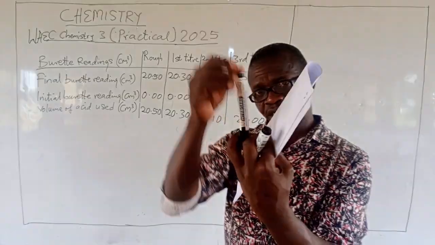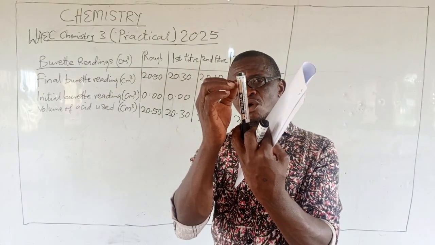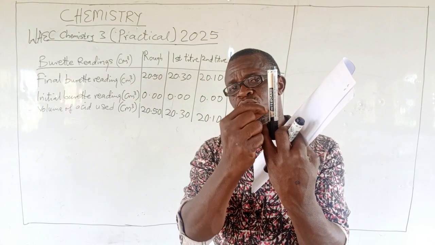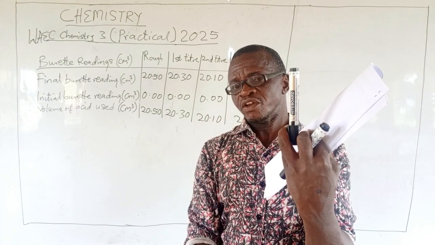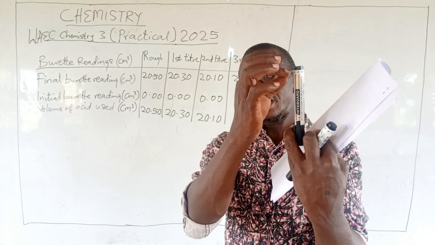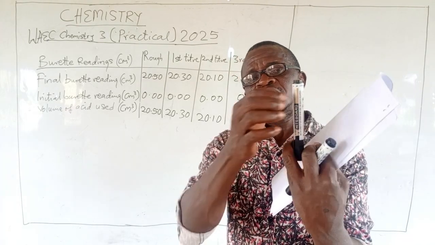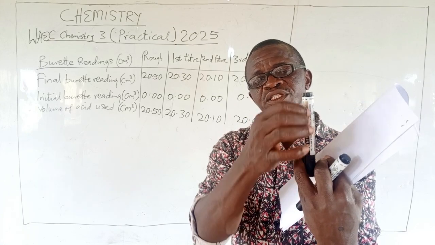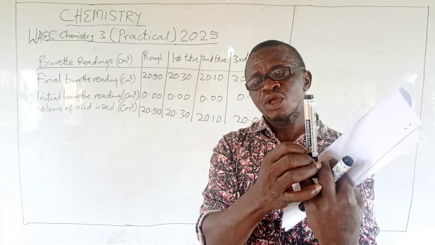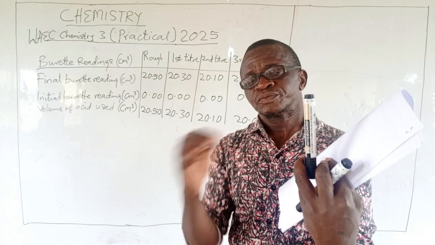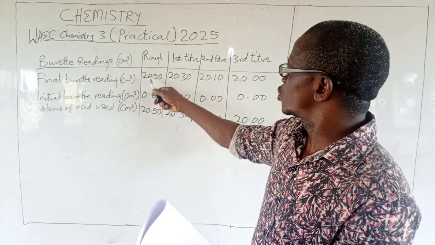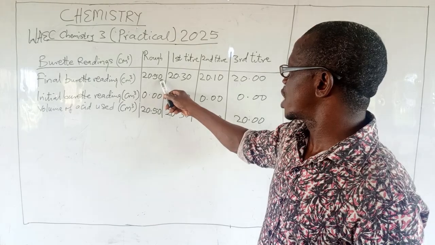From the burette, this is your burette. You measure it from 0 because it's graduated. 0 down, 1, 2, 3, 4, up to 50. 50 is down. So as you are running in the acid, the values are increasing. The acid is going down, increasing the value. Now, from that 0, I got to 20.50.